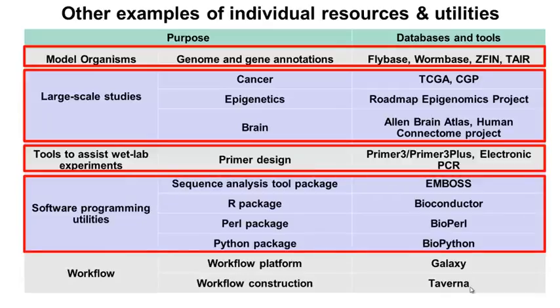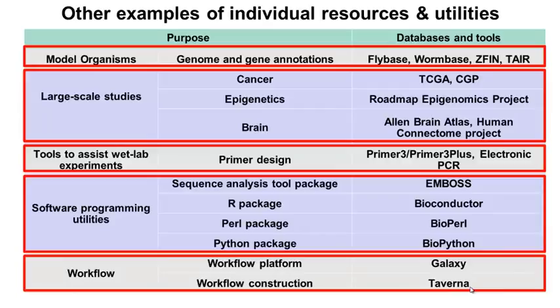BioPerl has lots of useful Perl modules, and BioPython has lots of Python modules. These readily available modules can make your programming tasks much easier. So before you spend a lot of time writing a program, make sure to check out these resources first. Finally, there are tools that help you manage workflows, such as Galaxy and Taverna.